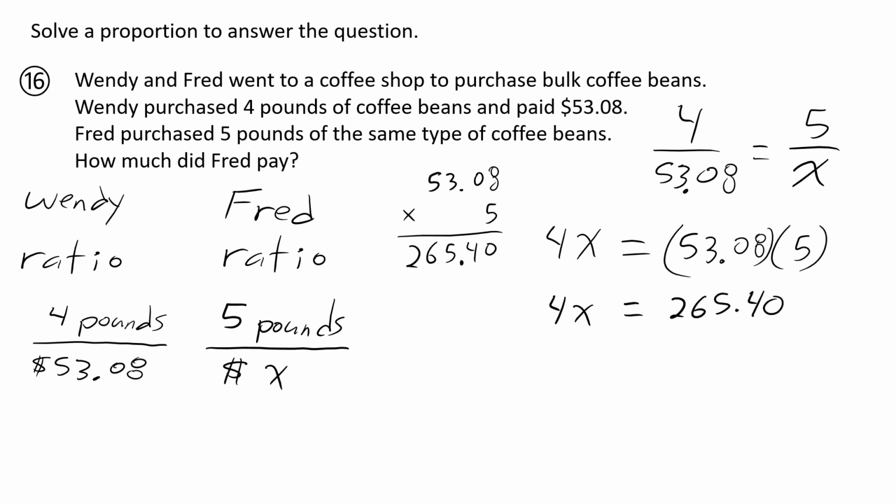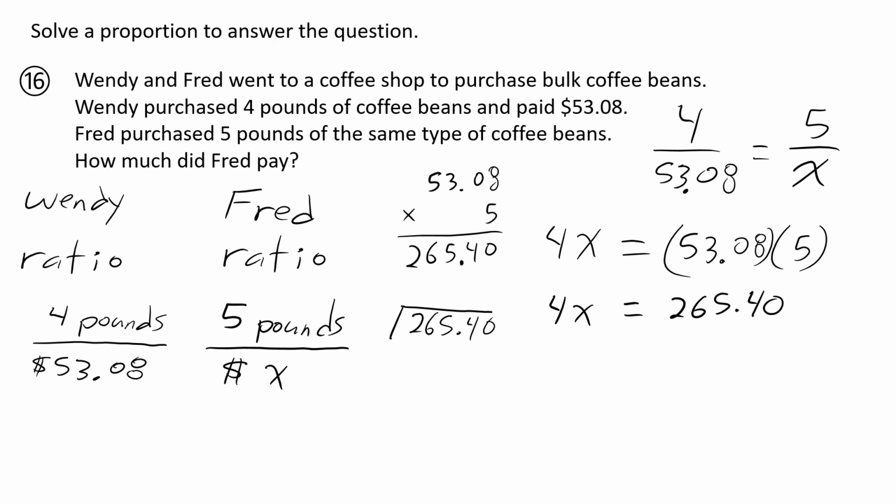So 4x equals 265.40. Of course, I want the value of just x, so I don't want 4 times x, so the opposite of multiplying is dividing, so I got to do some division. Again, I'm not going to be able to do this one in my head.